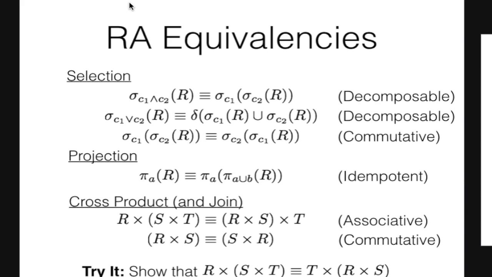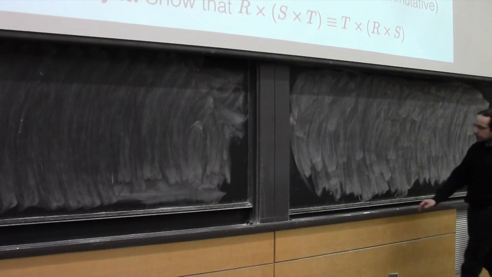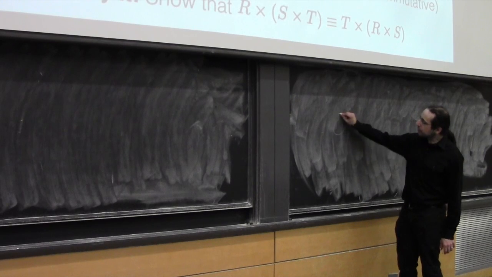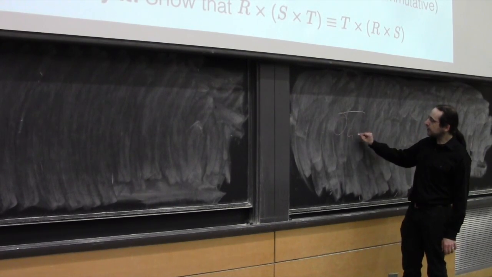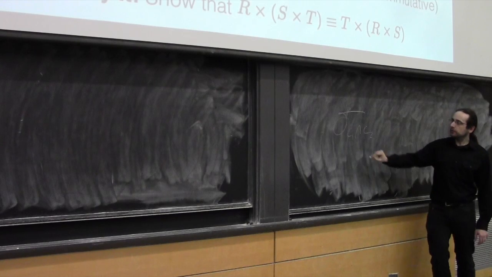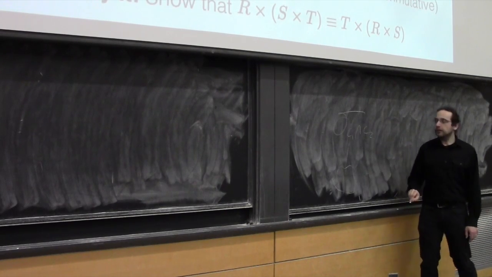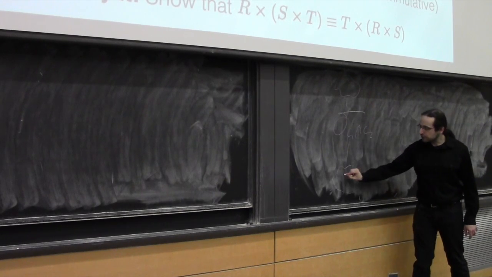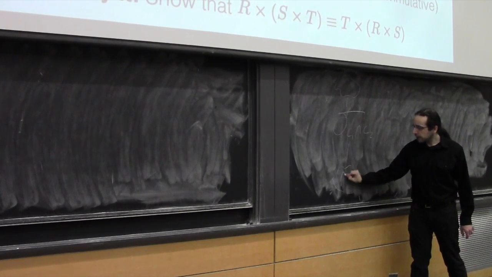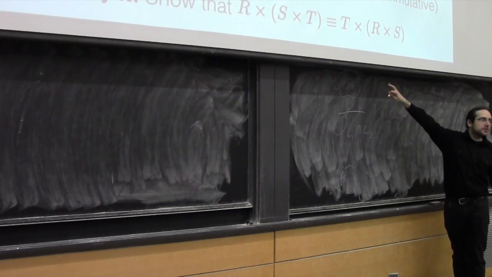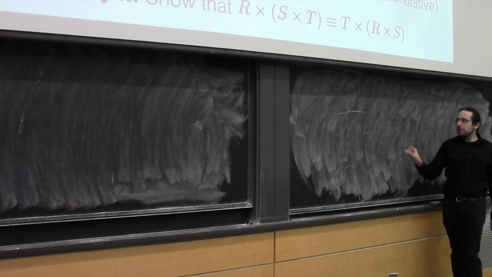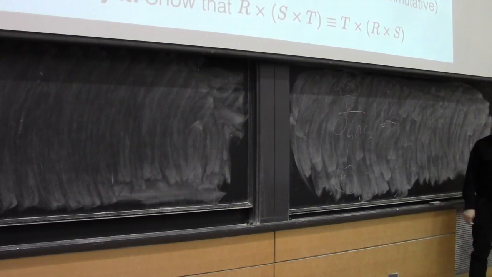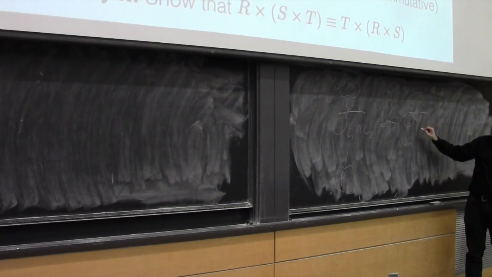So one thing that's already been mentioned in class is this idea of selection being decomposable. So if I have a selection operator with C1 and C2, I don't care what's in here, I don't care what's up here. Let's call this A, let's call this B. I don't care what's up there, I don't care what's down there.